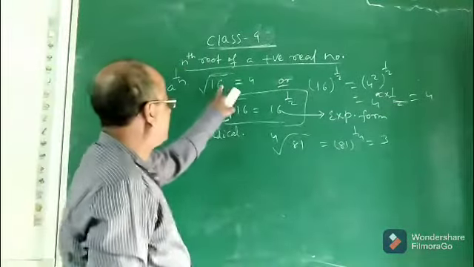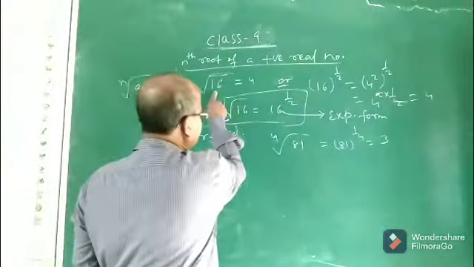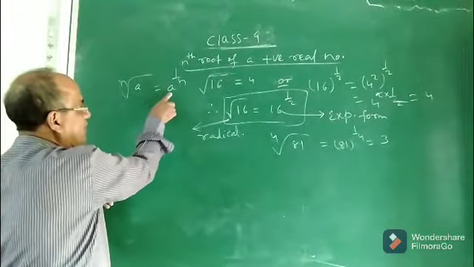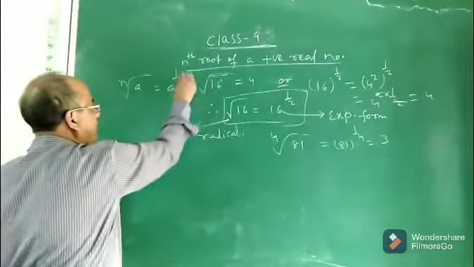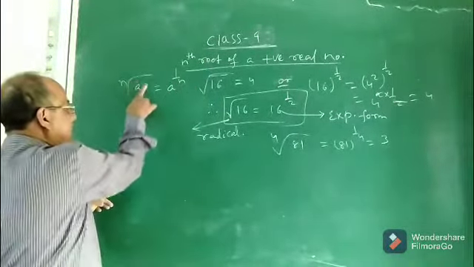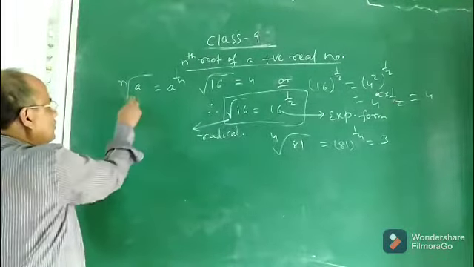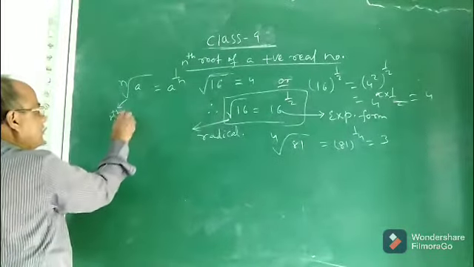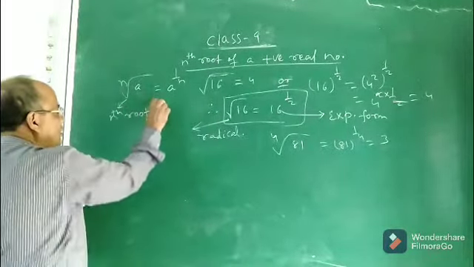If square root of 16 is 16 to the power 1 by 2, and fourth root of 81 is 81 to the power 1 by 4, then the nth root of a in exponential form we will write as a to the power 1 by n, where a is any real number and n is some positive integer. How to read it? You will read it as the nth root of a.